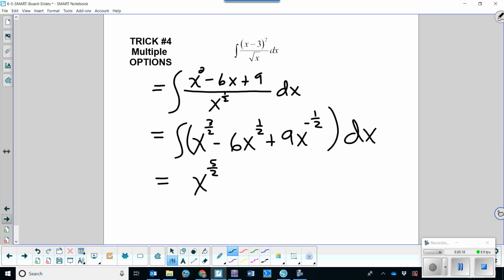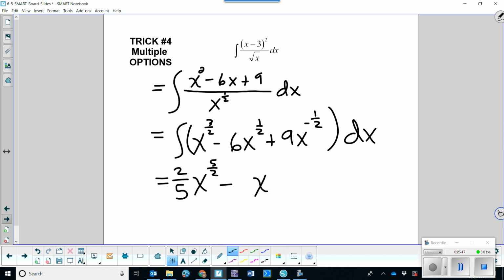Now, I'm supposed to divide by 5/2, but since I'm going to do this a lot, I'm going to remember that dividing by 5/2 is the same as times 2/5. So when you have those fractional exponents, you need to practice consciously going immediately to times the reciprocal. Okay, really important. Okay, minus, I'm going to leave the 6 alone for a second. I have x, I'm going to do the power.